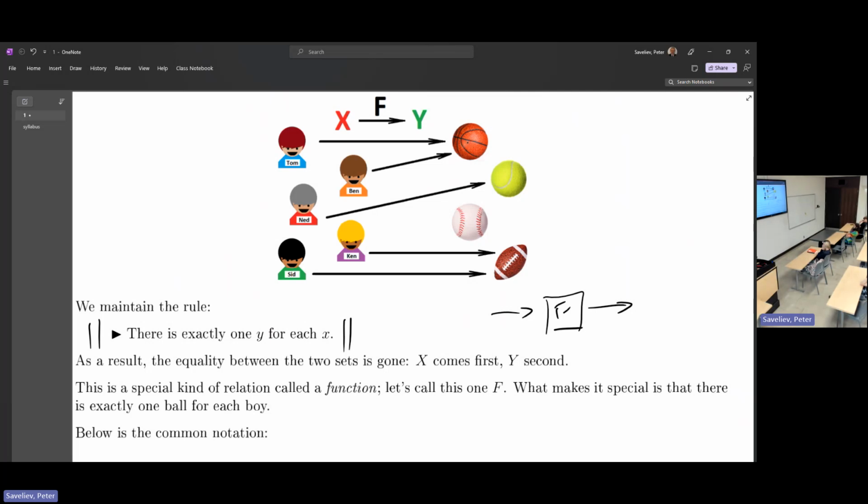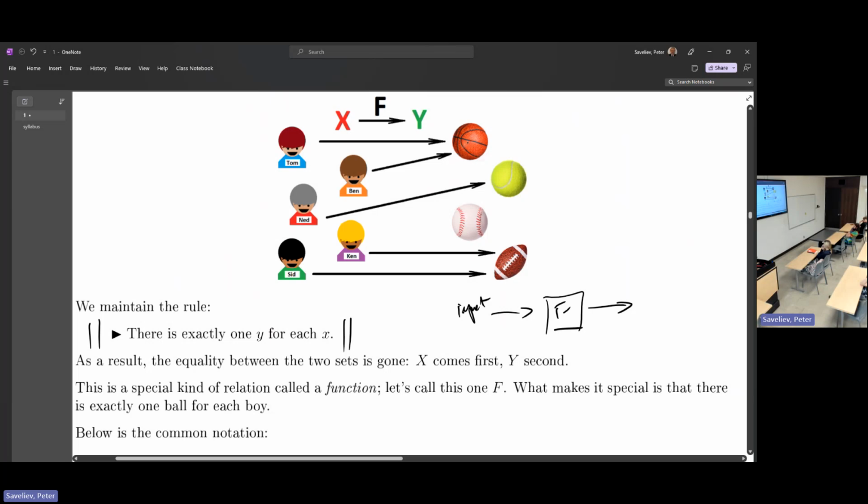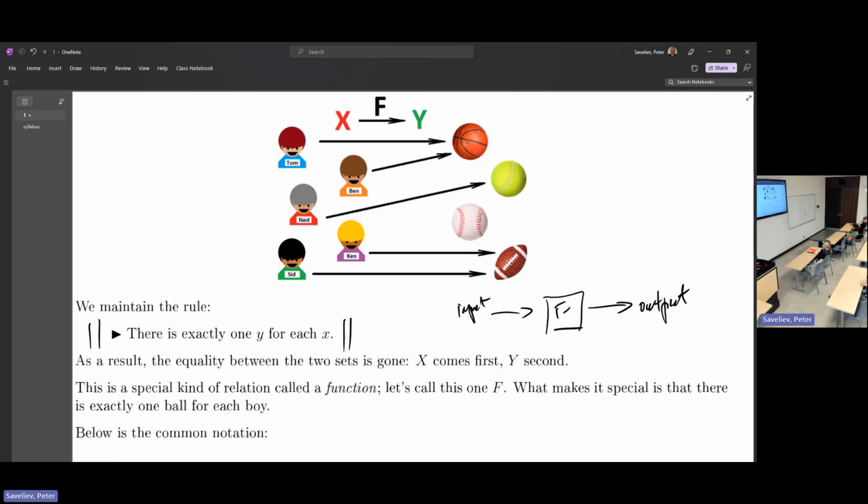So that's what the function is: some kind of procedure that turns inputs into outputs, which is where the words start to make sense, because if it is a relation, there is no input and output. Which one first, which one second doesn't matter, but here it does.